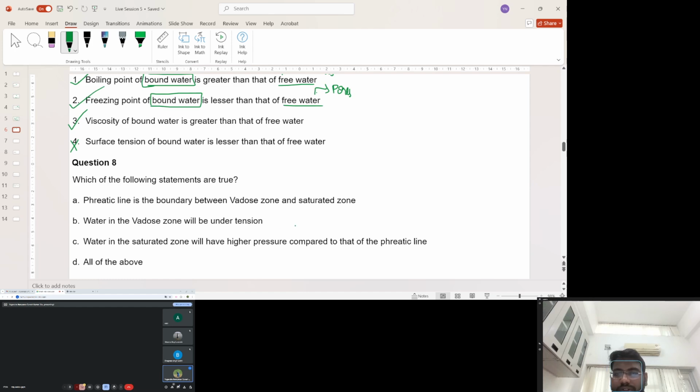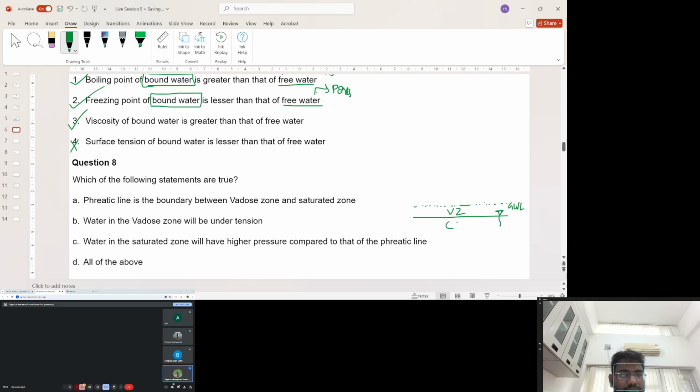Phreatic line is the boundary between Vadose zone and saturated zone. Vadose zone is essentially a partially saturated zone. If you take the water profile, it will be partially saturated, and at a particular point it will be completely saturated, which we usually demarcate as the groundwater level. Above this, up to a certain point, it will be a partially saturated zone, which is known as Vadose zone.